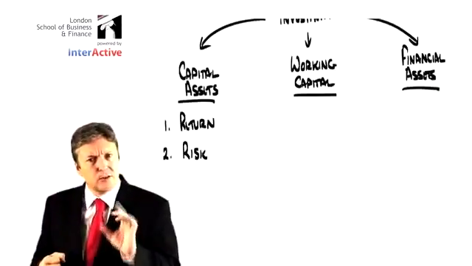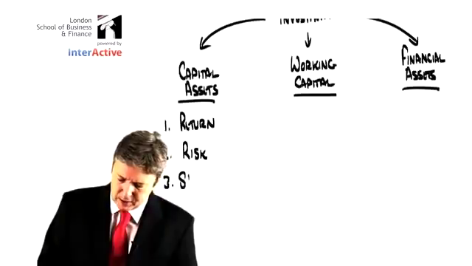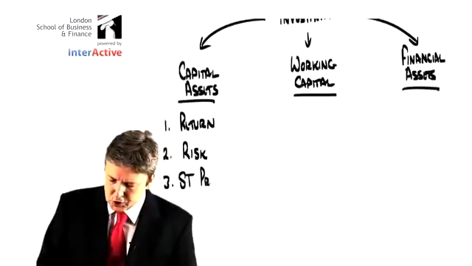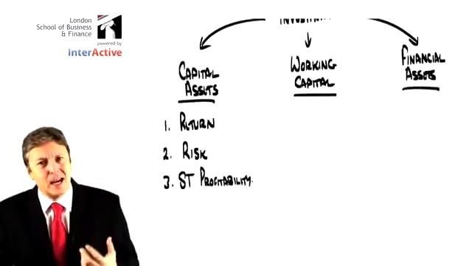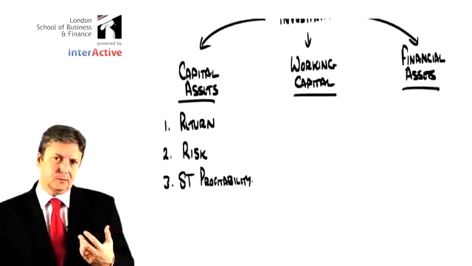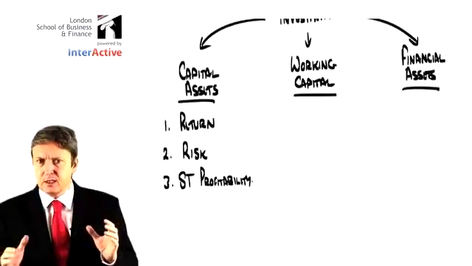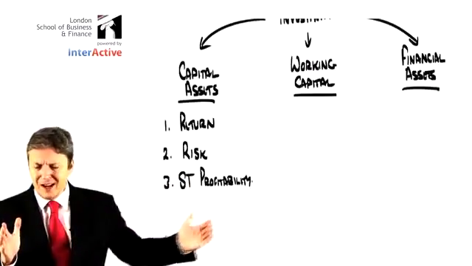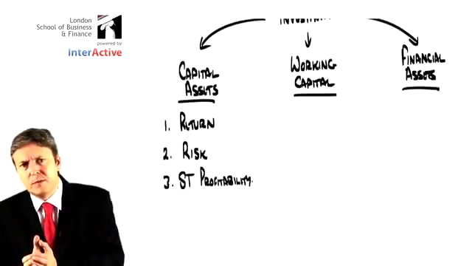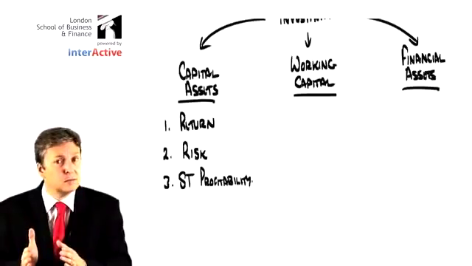There are other considerations, of course. You could say when we're investing in capital assets, we have to consider short-term profitability. If we're making a major investment, and yes, we expect it to generate a return into the future, what happens if the profitability of the business is very poor in the first and maybe the second year?